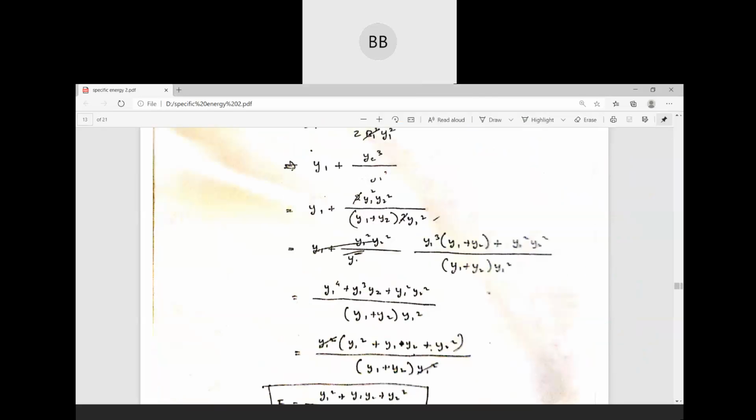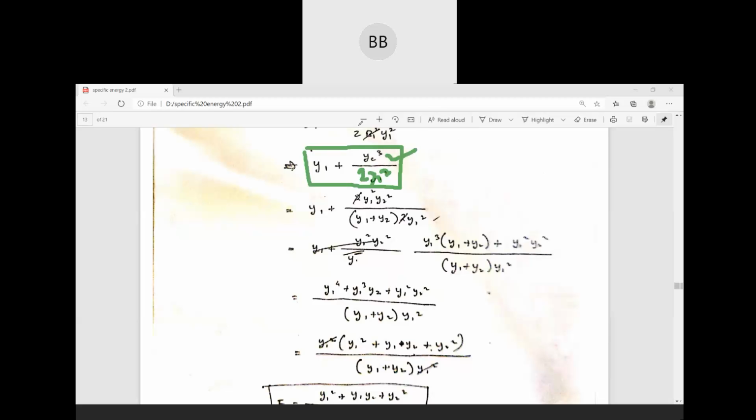After this, in this expression, y1 plus yc cube divided by twice y1 square, we have to replace that yc cube by using the expression that we have already derived in the previous case. That yc cube expression we have to replace here.